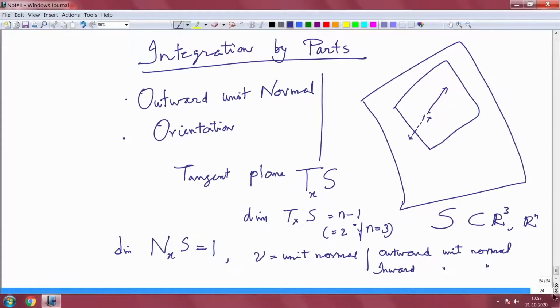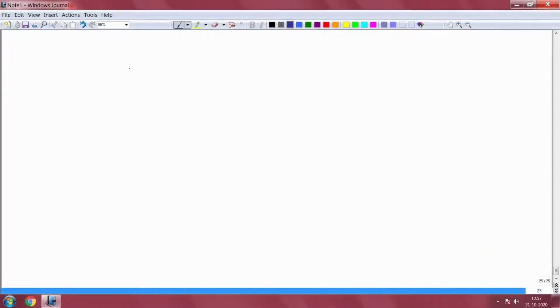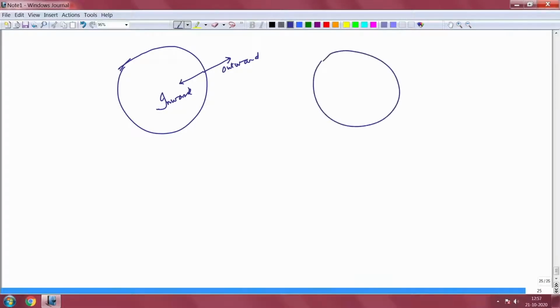In most of the surfaces which you are familiar with, for example, if you have a sphere, for this region this is your outward unit normal, and this is inward. But the problem is, on the other hand, if this is your region, you have this thing.